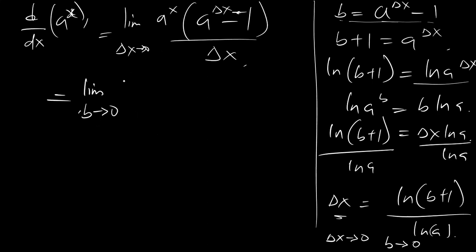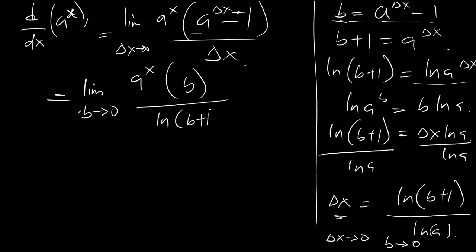And then now you have a raised to power x. Then this expression here is equal to b. So replace it with b divided by delta x, which is the same thing as this. So this is ln b plus 1 divided by ln a.